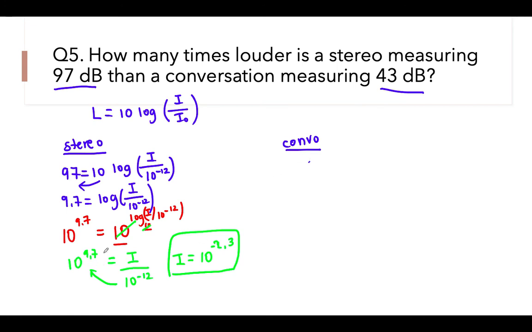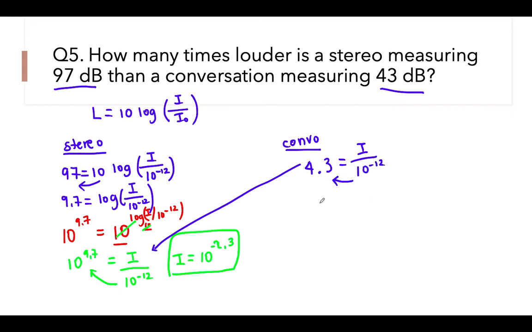We can skip all of this to this step, because we will be taking exactly the same steps, taking the log and then the base of 10. So it's going to be 4.3 equals I over 10 to the negative 12.